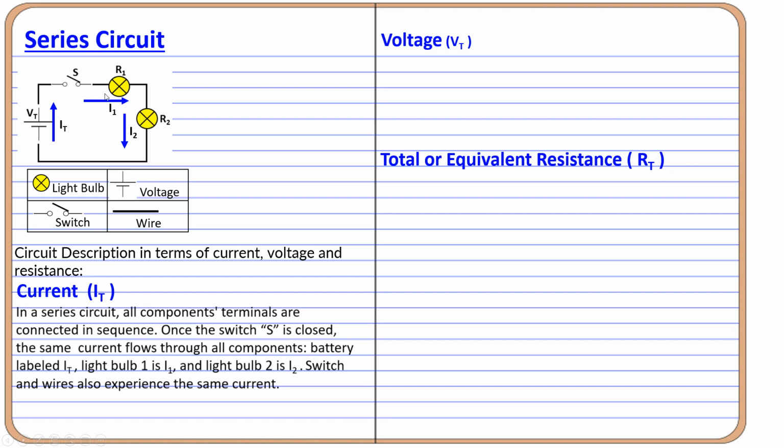Switch and wires also experience the same current. So because of that, we can state that IT is equal to I1, which is equal to I2. And this is our first equation.